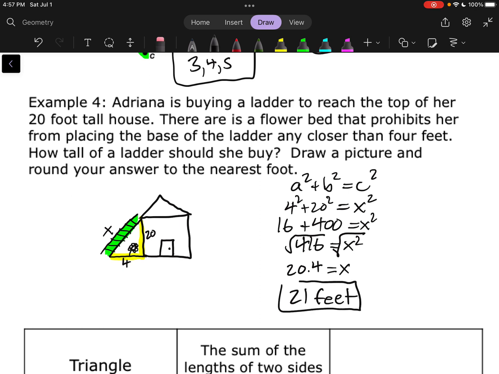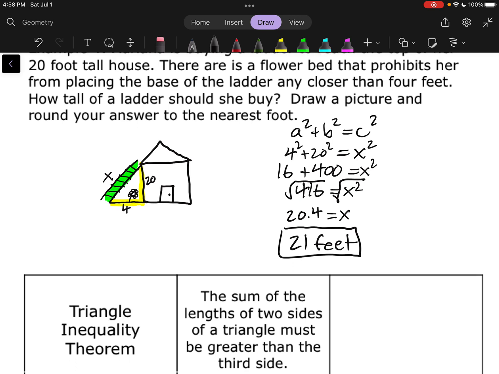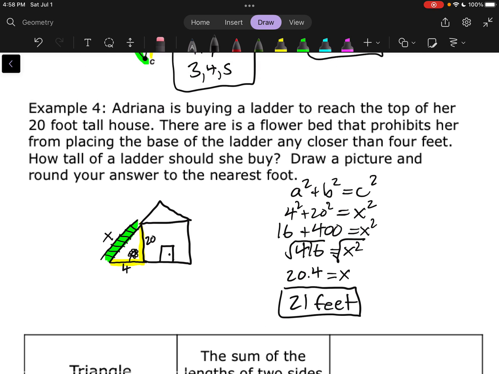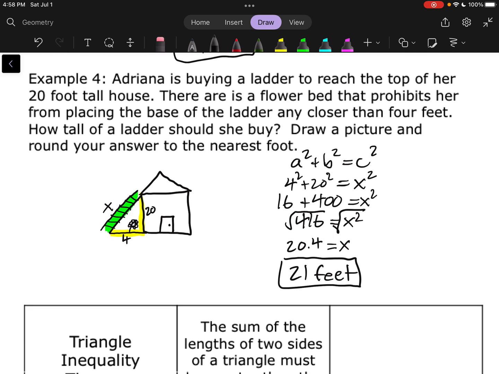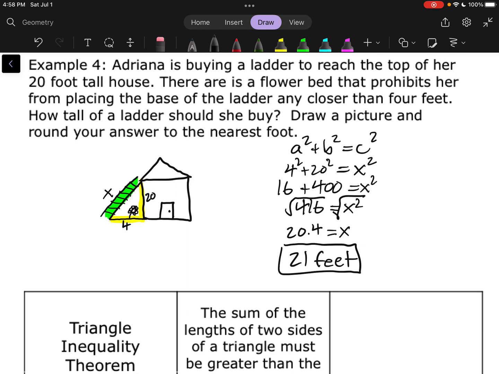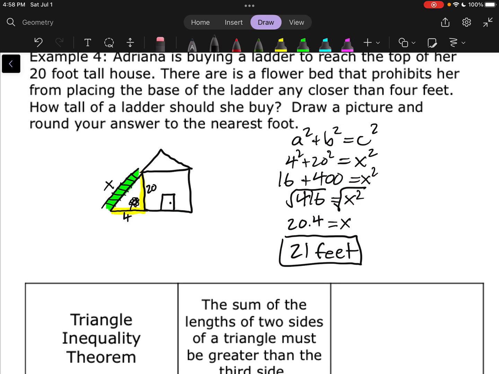We need at least a 21-foot ladder for it to actually reach the top of the roof. If we could buy a fractional ladder, we would buy 20.4, but they don't do that. You can't go into Home Depot and find a 20.4 foot ladder. So we gotta get at least 21 feet.